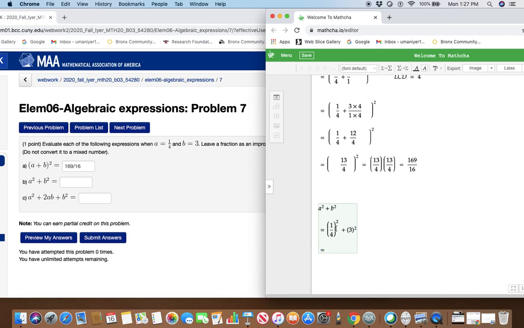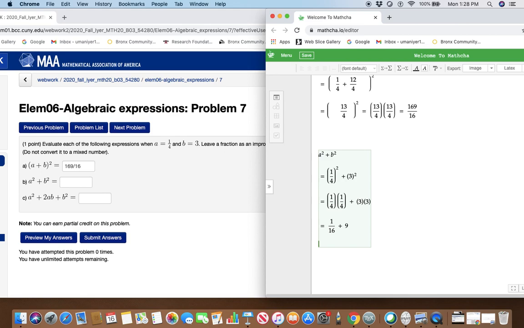Squares take precedence. 1/4 power 2 is nothing but that 1/4 repeated, plus 3 power 2 is simply 3 repeated. Alright, so when I multiply it all out, this times this is 1, 4 times 4 is 16, plus 9.